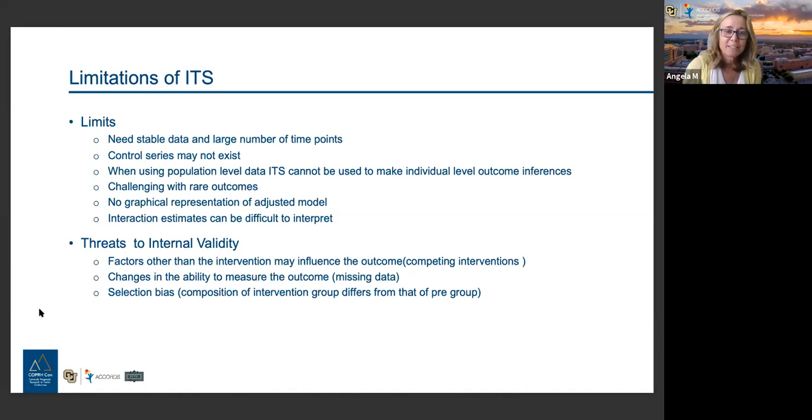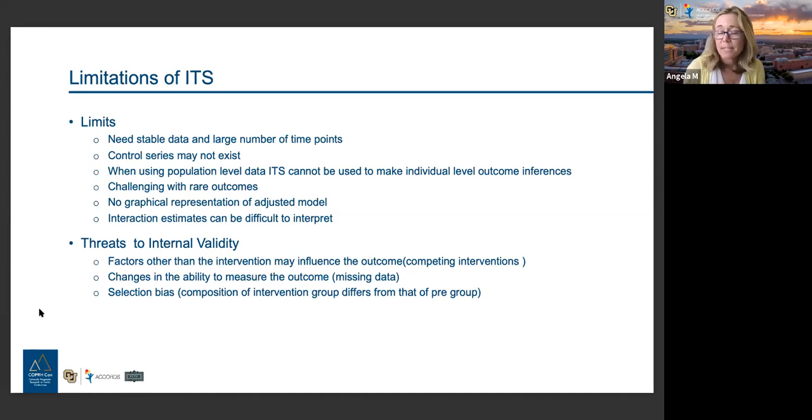So you want a control series that's not affected by that population level intervention, but is extremely similar to your experimental population. When used with population level data, ITS cannot be used to make individual level outcome inferences. And it is challenging with rare outcomes because you might not have enough data to measure those trends and compare them. It sort of goes along with the need for stable data.